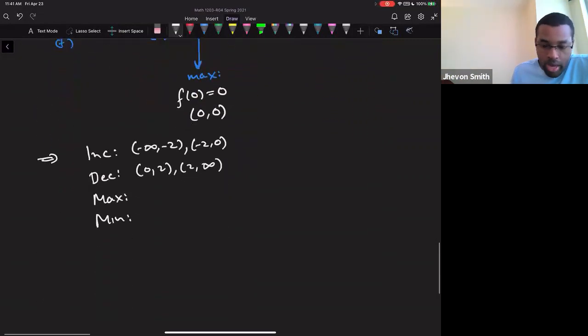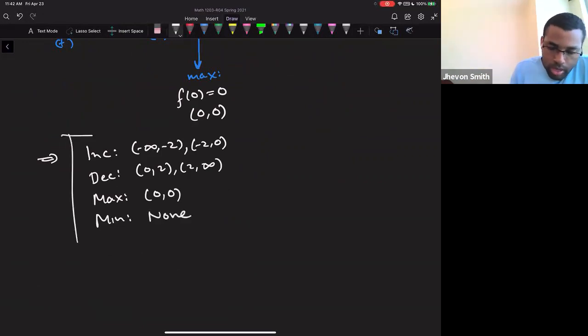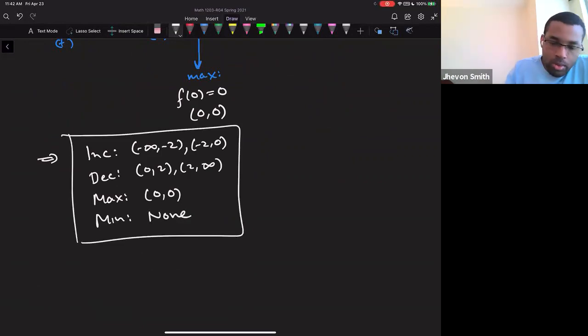And maximum, we have one at the origin. Minimum, we have none. So that's this section right here. And of course, hopefully it's obvious, but I do want you to remember that these guys are intervals, while these guys are points.